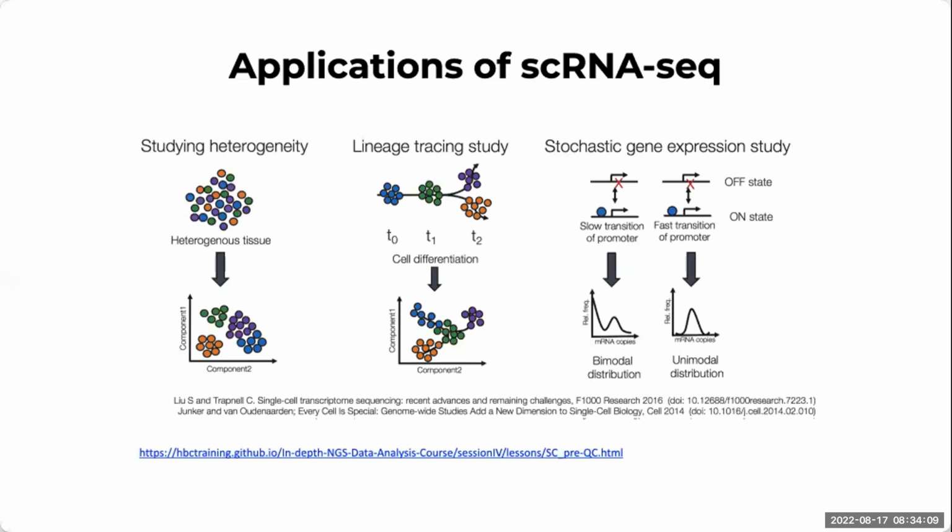Some of the major applications of this research field, which we already touched on, can help us understand new biological questions like cell-specific changes in the transcriptome, cell type identification, cell differentiation along the timeline, or random expression patterns of genes and their distribution of expression across the different types of cells that we are trying to understand and study.